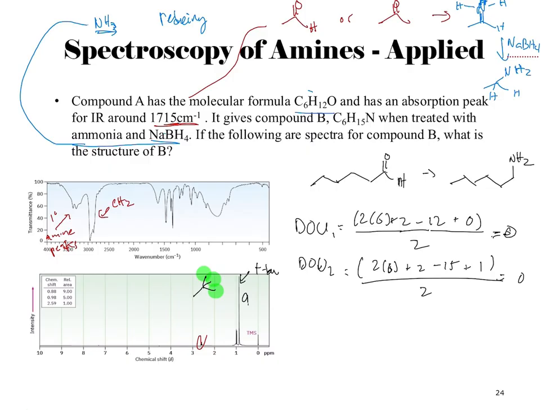So know that the protons bonded to the carbon that's bonded to nitrogen are going to be shifted downfield because of the electron withdrawing effect of nitrogen, and we see that that signal here is going to be 1, which means that if we had a ketone instead, when we go through the reduction, we will end up with a single extra hydrogen there that is bonded to the amine.